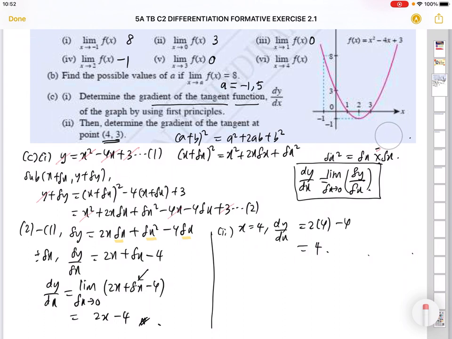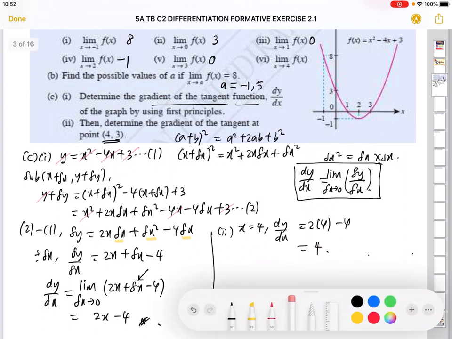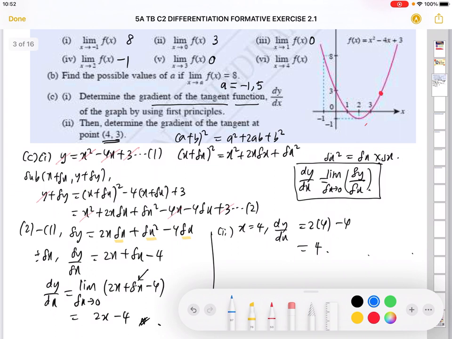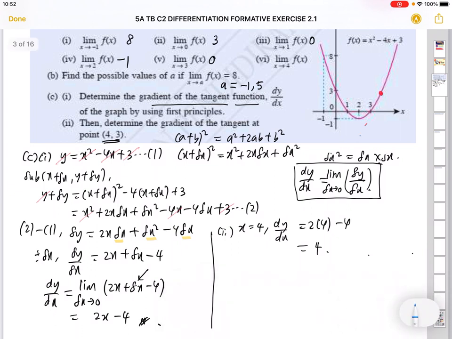What we know is that at the point where x equals 4 on this curve, you can draw a straight line. Maybe I should use a different color, blue line, so it's contrast a little bit. So this is a tangent. When x equals 4, this gradient is also 4. So that's the meaning.